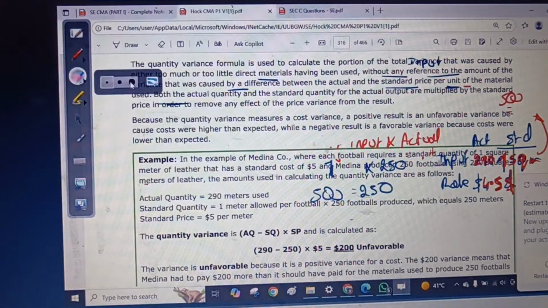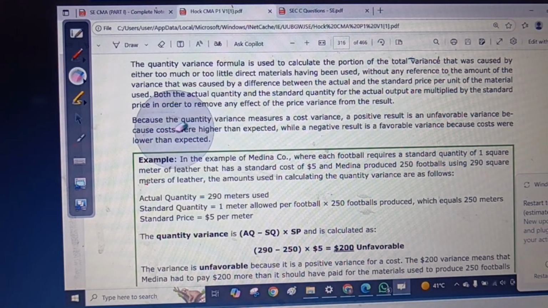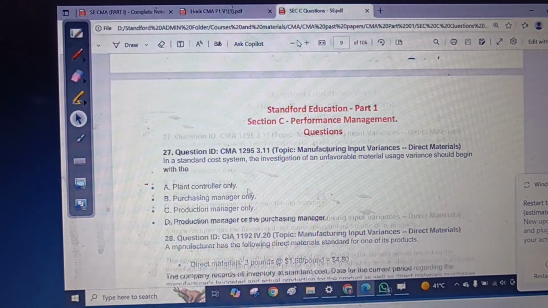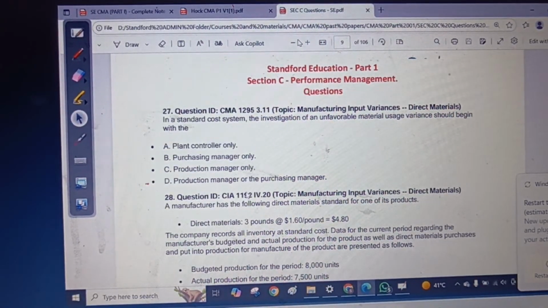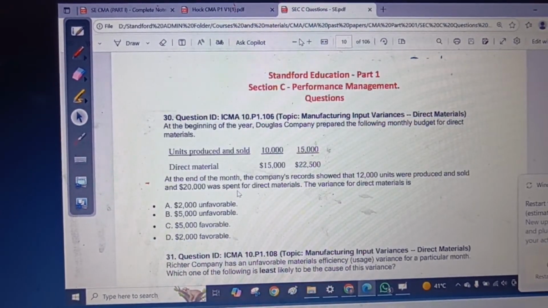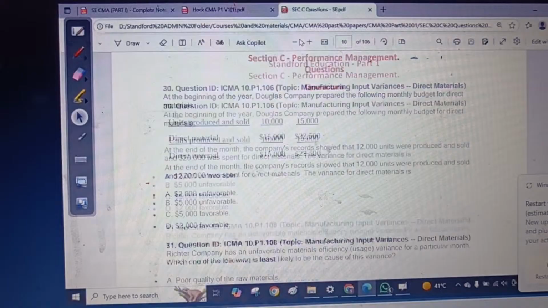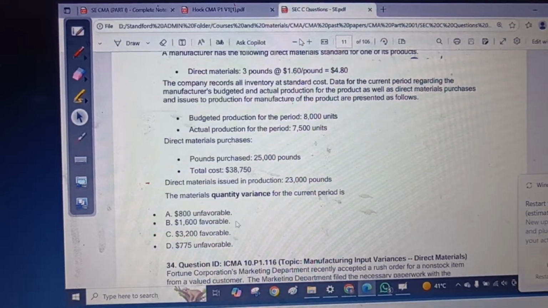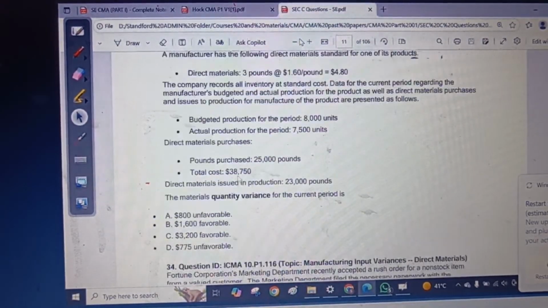Okay. Coming to the problem now. Can you solve this?